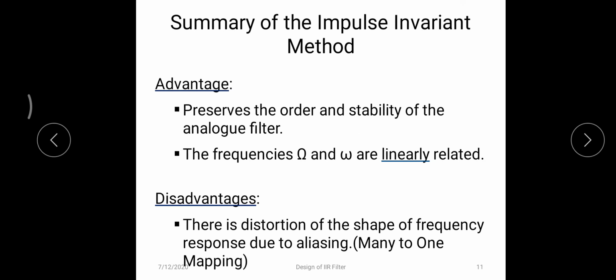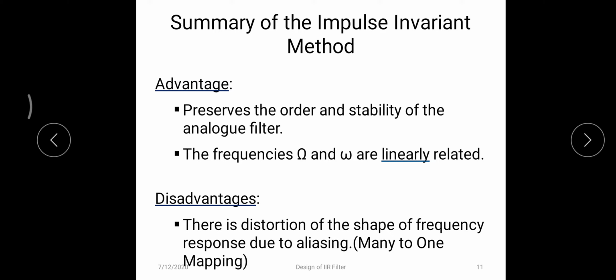So the summary of impulse invariant transform method is, the major advantage of this method is the order and stability of the analog filter will be preserved. There won't be any changes in the stability and the order of the filter. And the analog frequency and digital frequency are linearly related. But the major drawback of this method is, there will be distortion of the shape of the frequency response due to aliasing.